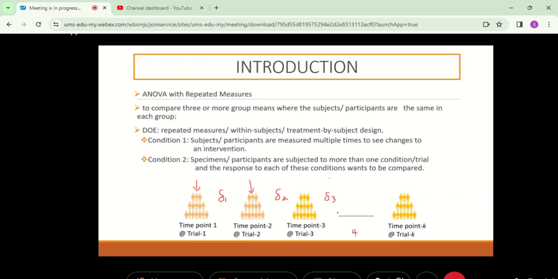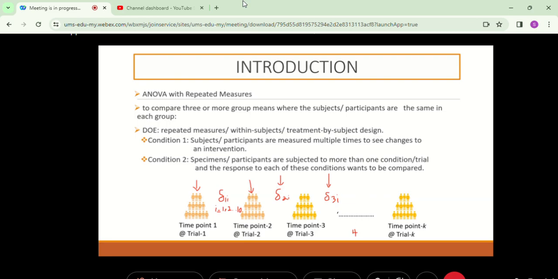So if we have 10 observations, it means that we have delta 1i, where i equals 1 until 10, because we have 10 observations, for example. This is delta 2i, and then this is delta 3i.